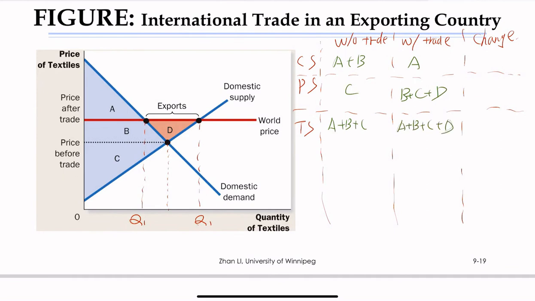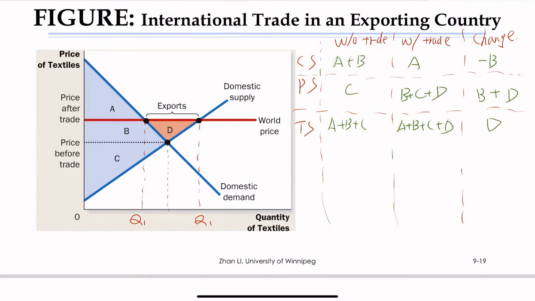Well, you can see that after the trade, consumer surplus decreases by B, and producer surplus increases by B plus C. So it's not B plus C, it's actually B plus D, right? Increases by B plus D. So what's the total change? It's a positive D, right?